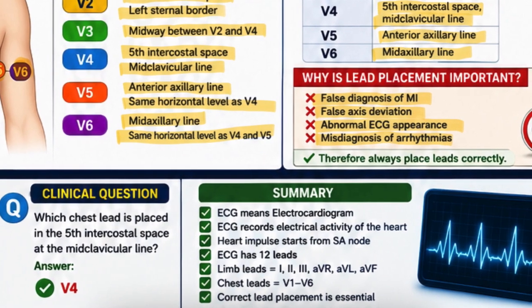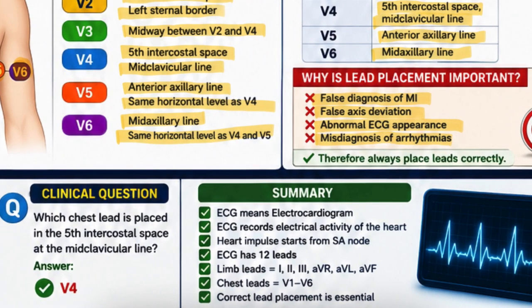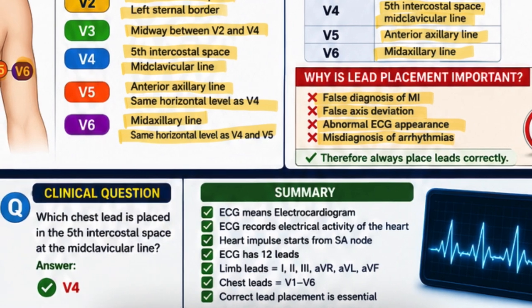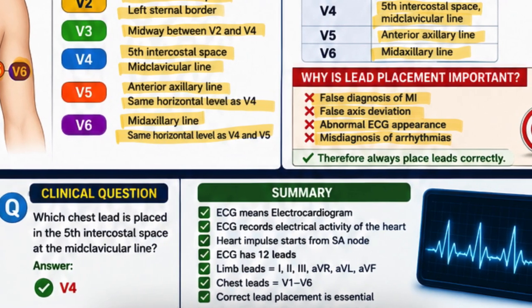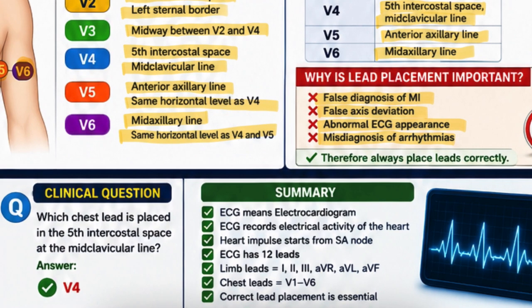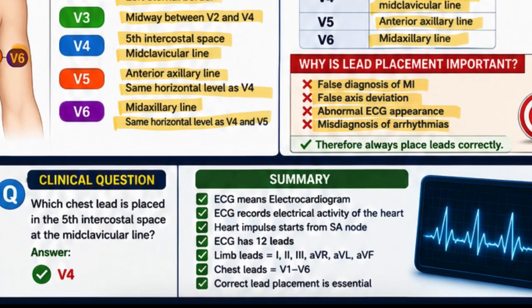So in summary, today we learned about ECG, which means electrocardiogram, and ECG records the electrical activity of the heart, and the heart impulse starts from the SA node, and you can see ECG has 12 leads, and you can see limb leads like 1, 2, 3, and aVR, aVL, and aVF, and chest leads will be V1 to V6, and correct lead placement is essential.